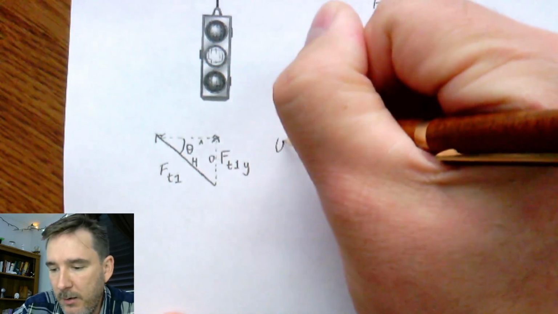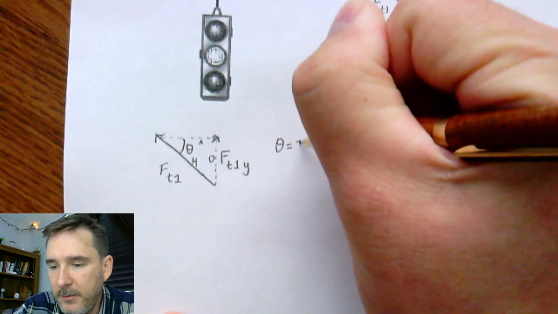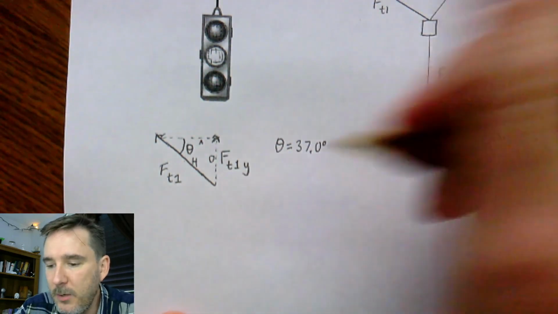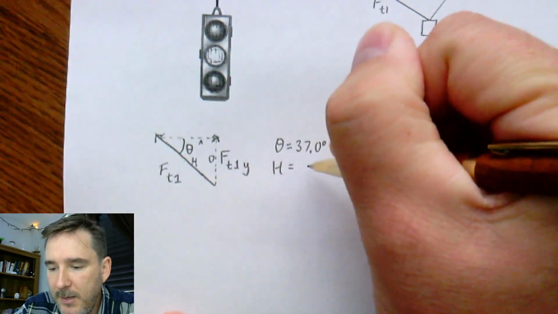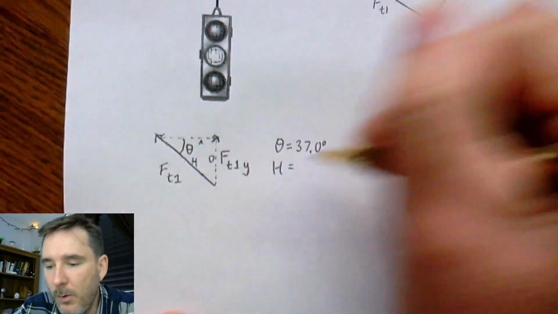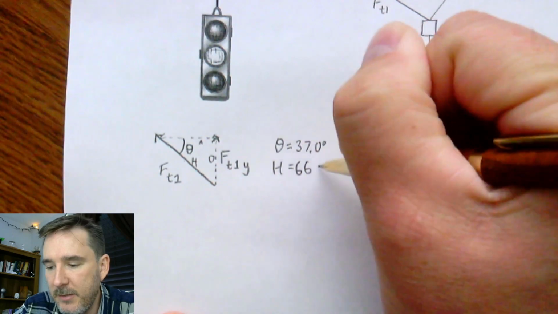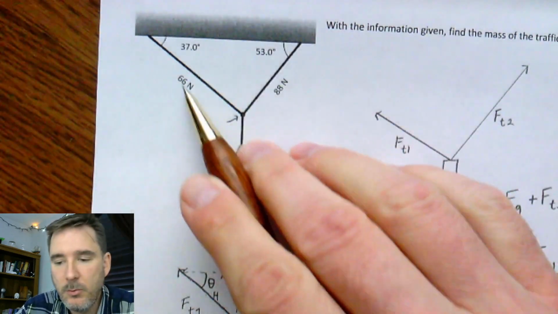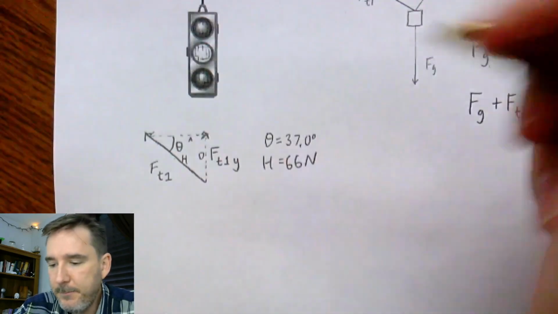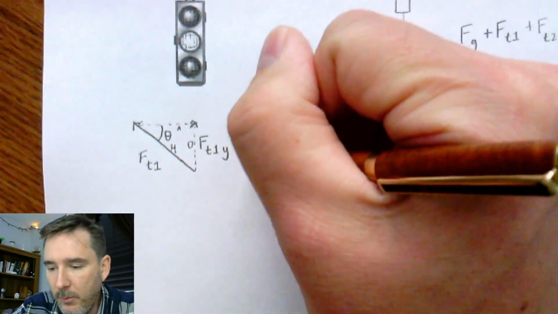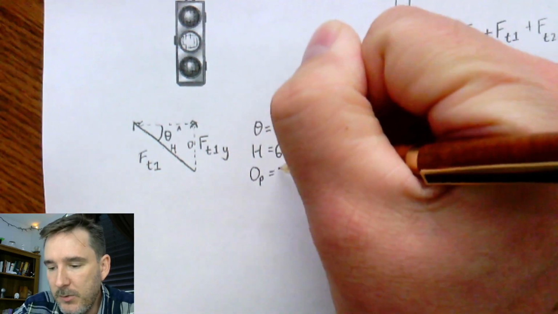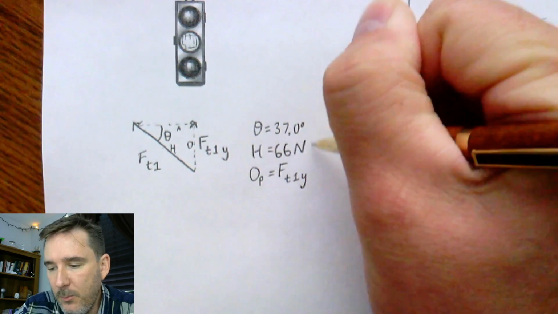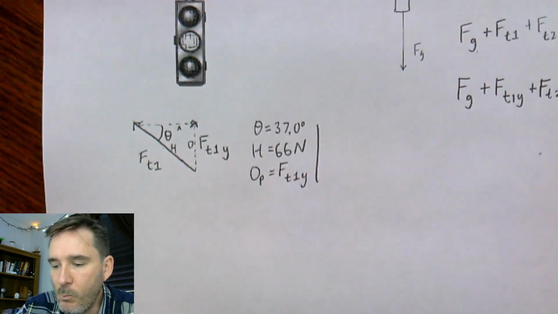We know our theta, our angle for this, is 37.0 degrees. We know that our hypotenuse is our FT1, which is 66 newtons. That's just given in the problem up here, right there. And we are trying to solve for our opposite side, which is our force of tension of the first wire in the y direction.